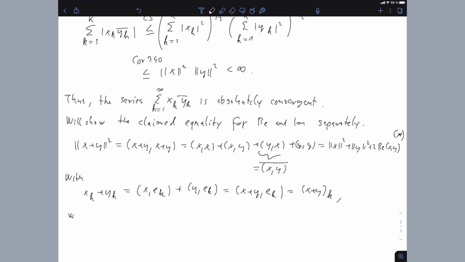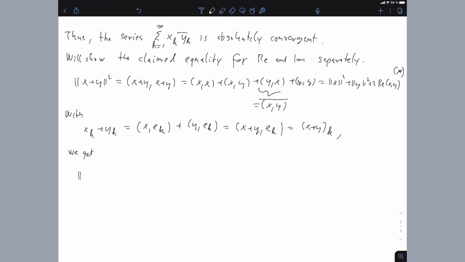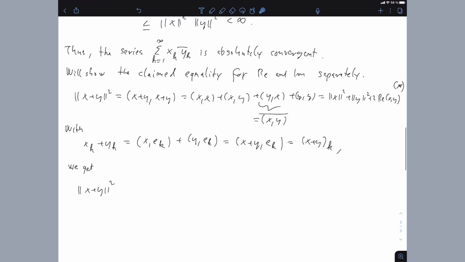And with this, we get the following. And probably I should first sketch the idea. So we know how to represent this, since we know that we can represent the squared norm as sum of the squared coefficients.